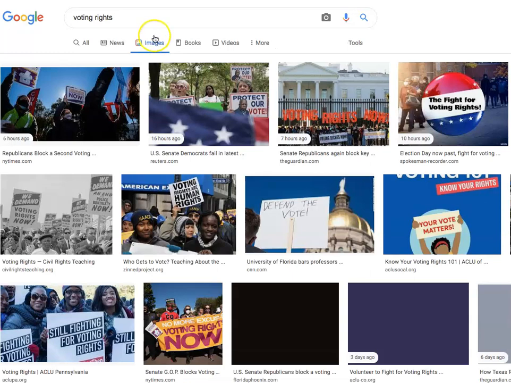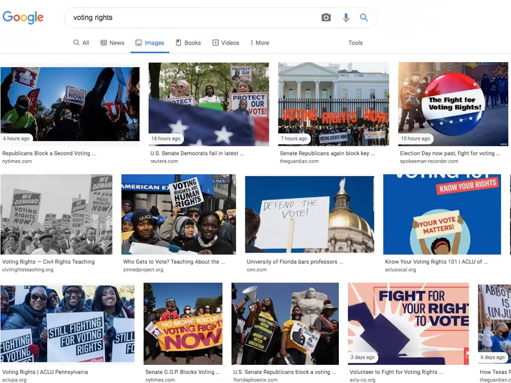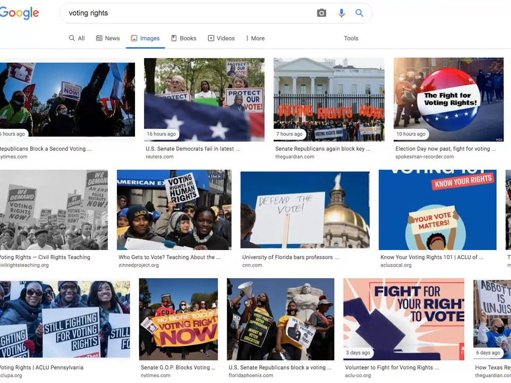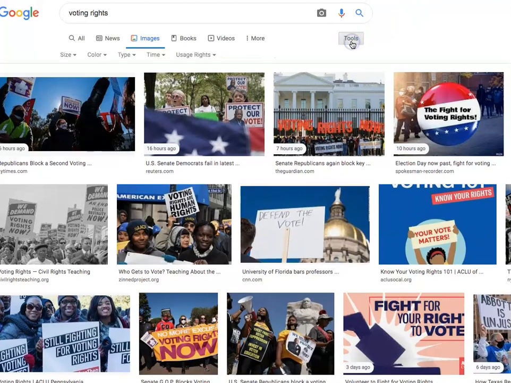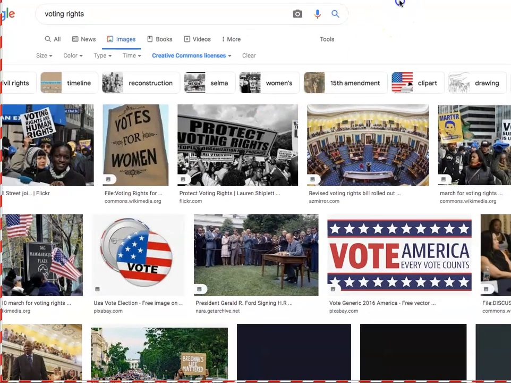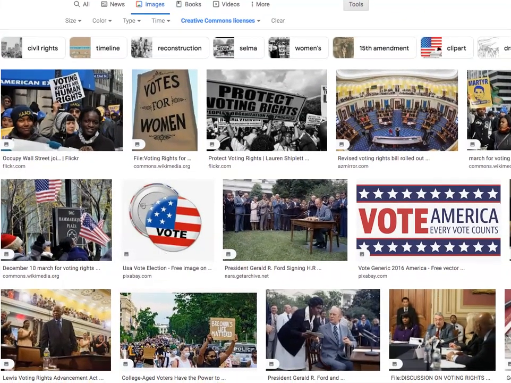Images you probably know about very well, and you may have used these in a way that would make the person who has a copyright very upset. So how do you get around that? Look over here: tools, usage rights, Creative Commons licenses. A lot of these give you the right to use and reuse with or without attribution.